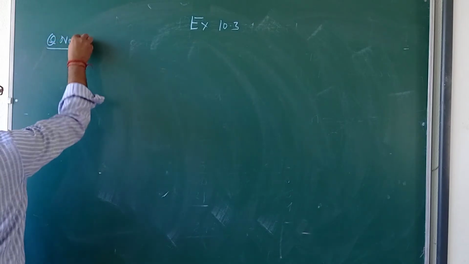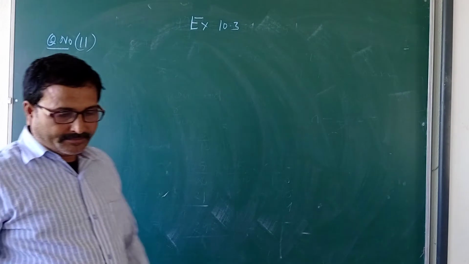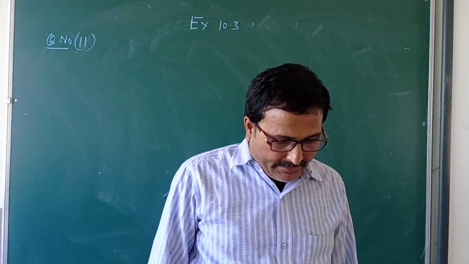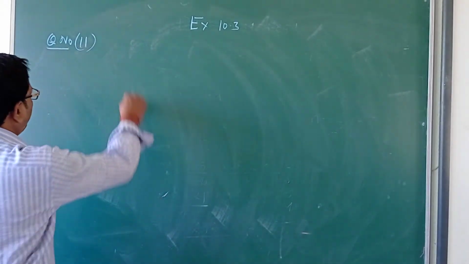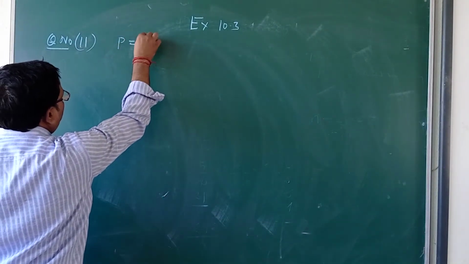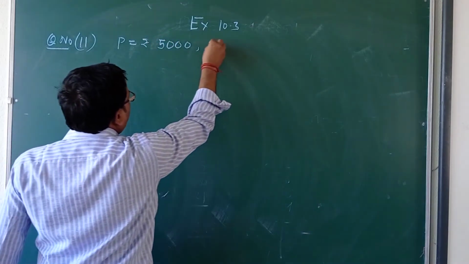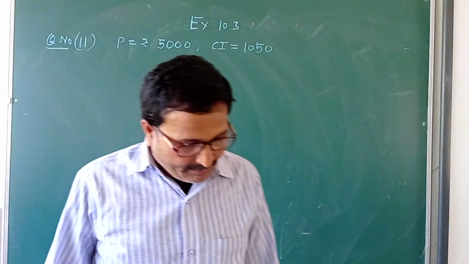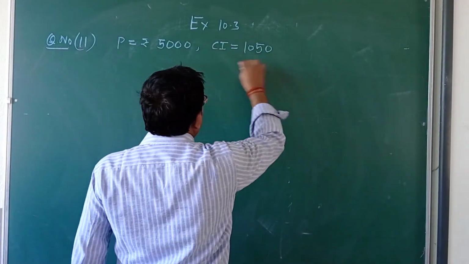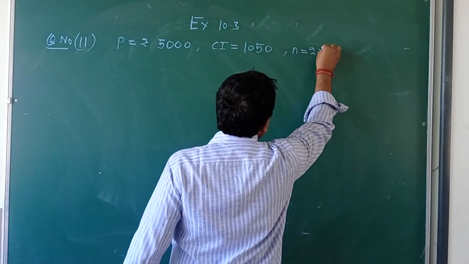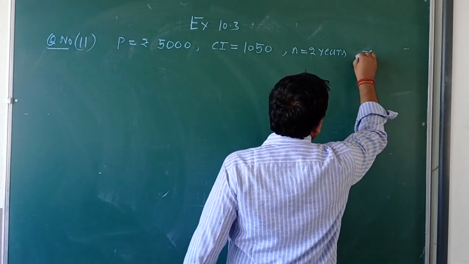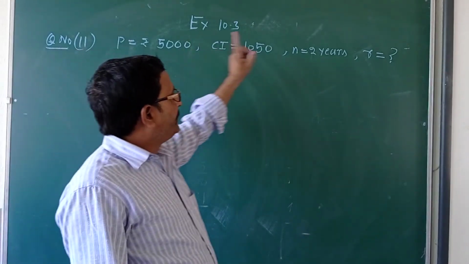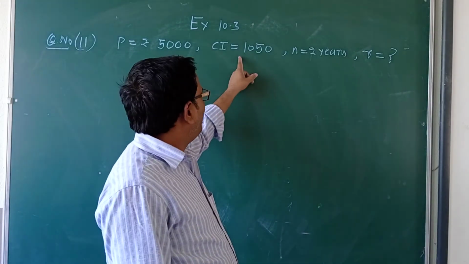Question number 11. It is given: at what rate percent, rate is being asked, does a sum of principal ₹5,000 give compound interest of ₹1,050 in 2 years? At what rate percent does ₹5,000 in 2 years give compound interest 1050?